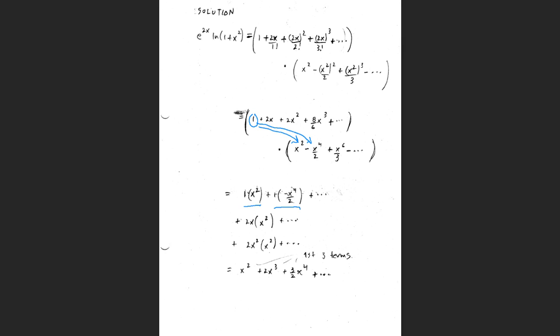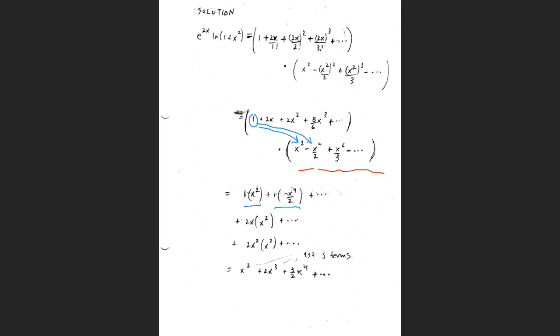Now, I'm thinking the first three non-zero terms, maybe I won't be getting to the 6th power. So what I'm doing is selectively multiplying things. If I were to multiply the terms together, I'd have to multiply the 1 by all of these terms, by all of those terms down there.